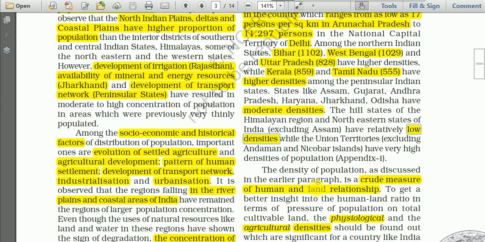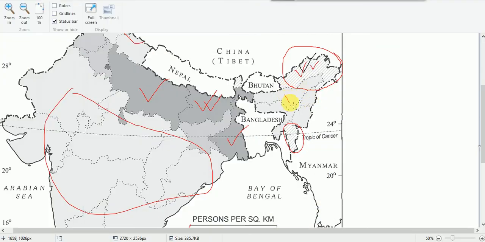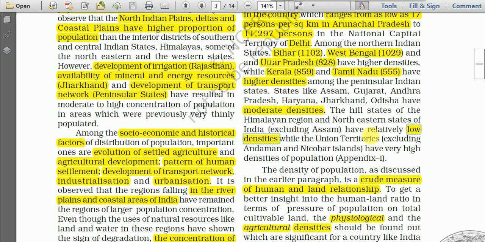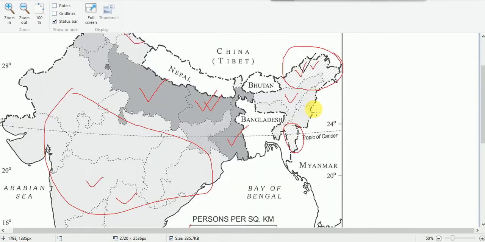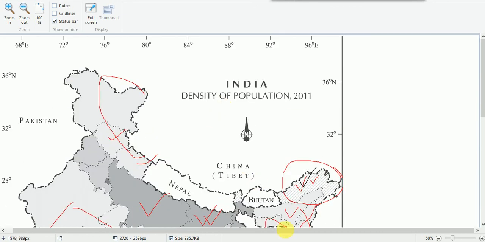So these states here, we have Assam and some other peninsular states as given here, like Gujarat, Andhra Pradesh, Haryana, Jharkhand, Orissa, that have moderate densities, while the hill states and the northeastern states here and here also have low population density.